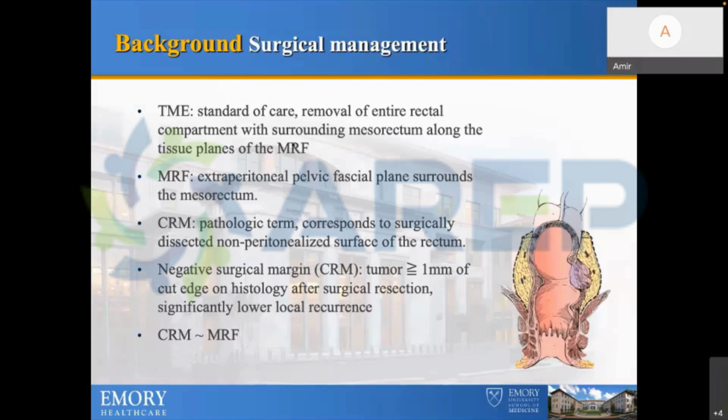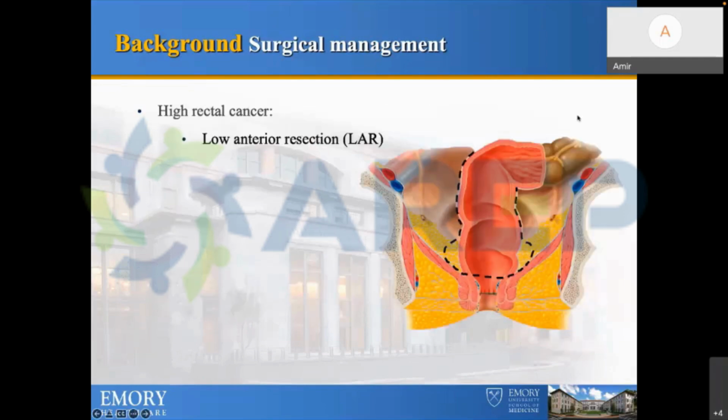If it's involved by tumor, if the tumor exceeds that 1 millimeter and is very close to the cut edge on histology, they're going to use terms like R plus, R1 or R2. R1 means that histologically the cells of the tumor are very close to the resection margin, and R2 means that the gross specimen shows that the tumor is invading the CRM. So just a few pathological terms.